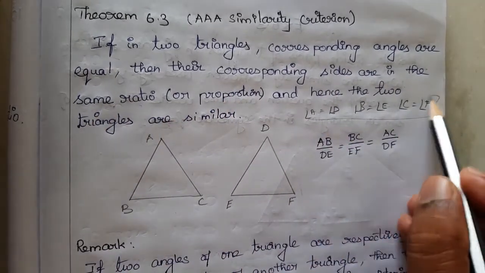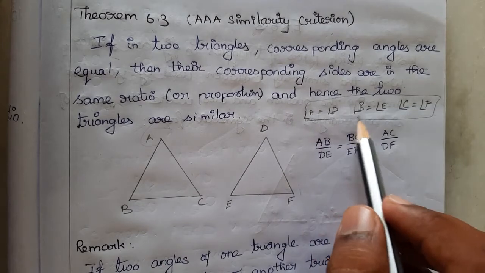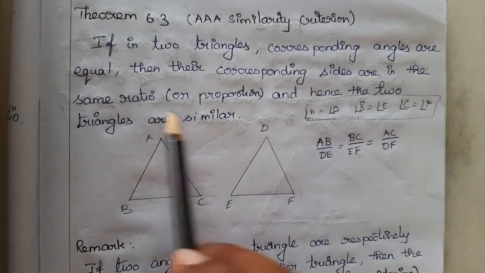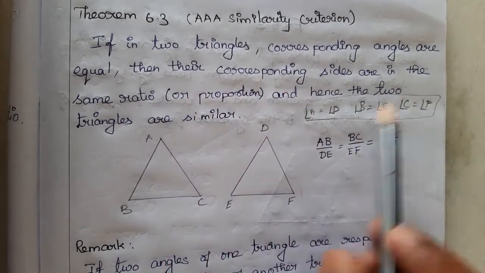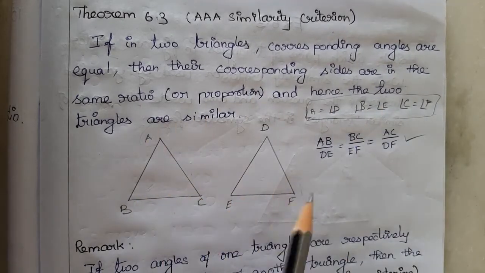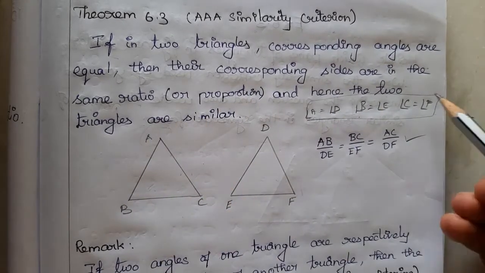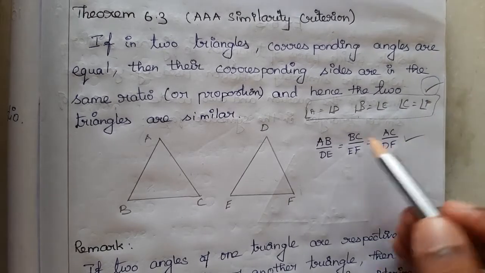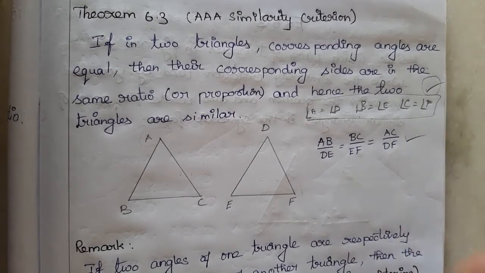This is enough to get the details from the questions, and then directly we can say the corresponding sides are in the same ratio, so hence the two triangles are similar. To say the two triangles are similar, proving the angles are equal is enough.